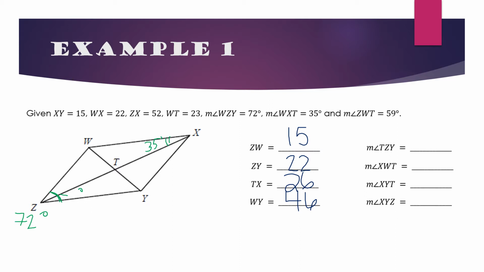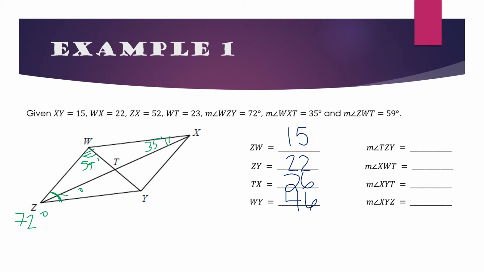And we're told that ZWT, so that's this angle right here, is 59 degrees. All right, so here's what we do know. In a rectangle, we know that opposite angles are congruent. So WZY, which is 72 degrees, will equal WXY, which we have part of that angle is 35 degrees.